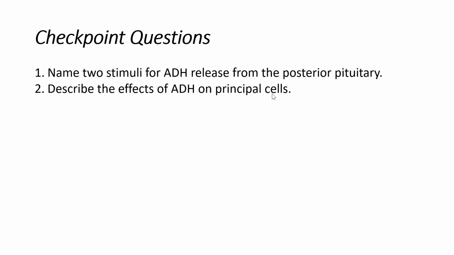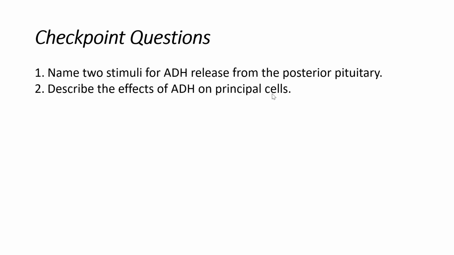Excellent, yes, so decreased baroreceptor activity, lower blood volumes, creating less of a stretch on those baroreceptors, which indicates that we have less blood volume and blood pressure, and so we secrete ADH as a way to correct that, okay?